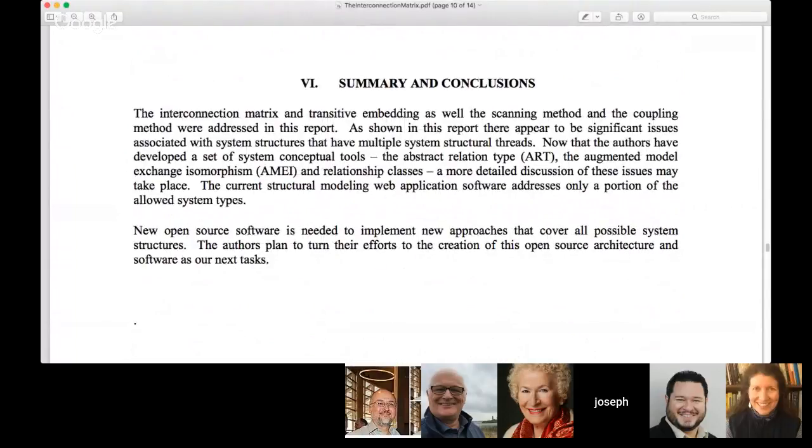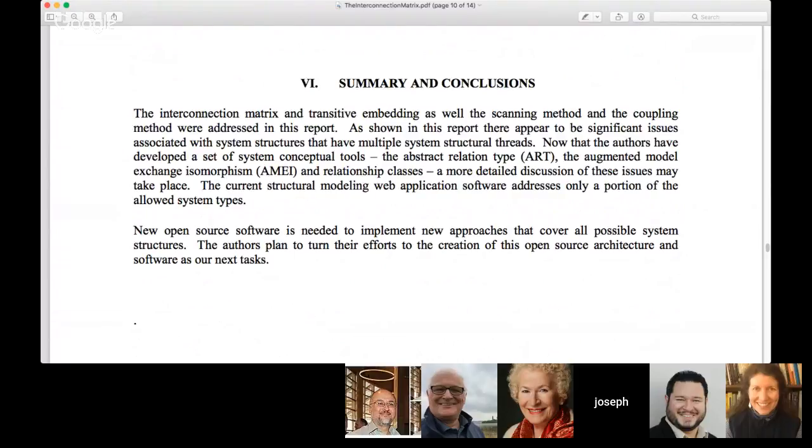So basically, what it says is we talked about the scanning method and the coupling method, and we developed the ART, the abstract relation type, and also the AMEI, the model exchange isomorphism, to look at these things and how we developed these 5 categories.